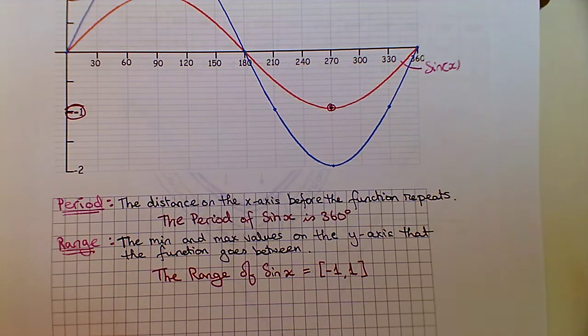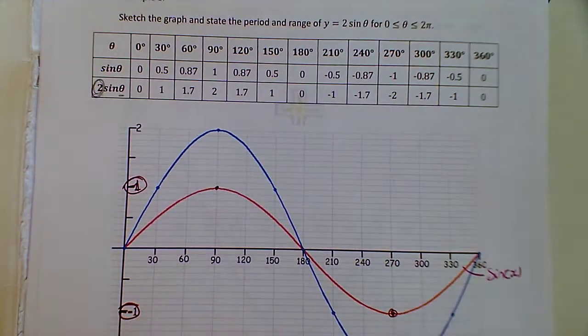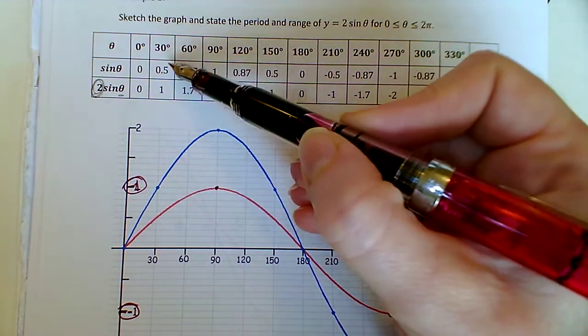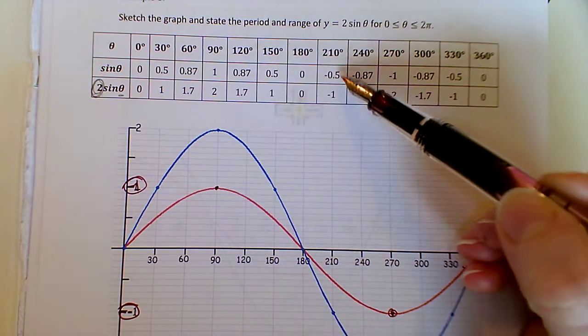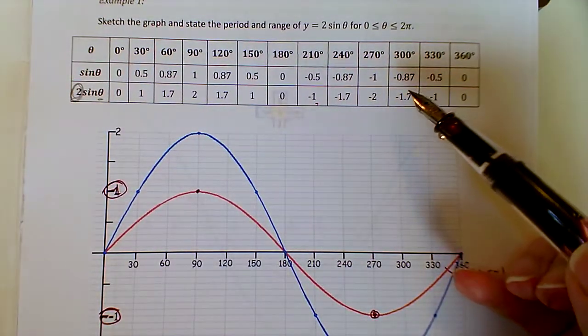So then, what happens when we multiply the function? Well, whatever value we had for sine of x, we multiply it by 2. 2 times 0 gives you 0, 2 times a half gives you 1, 2 times 1 gives you 2, 2 times minus a half gives you -1, 2 times -1 gives you -2.